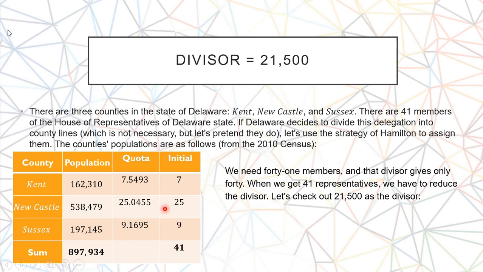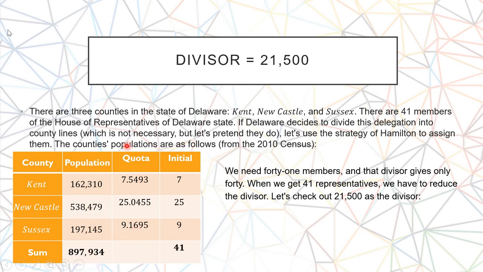What he did is he just reduced the divisor. He rounded it off into a whole number, making it 21,500. So when we have 21,500, we divide the population of each of the given states by 21,500.